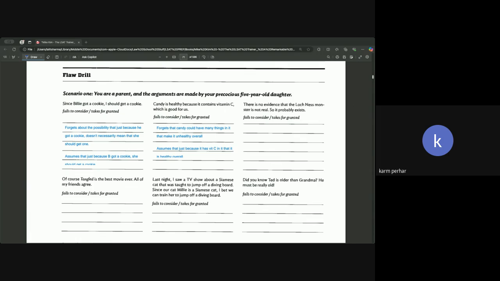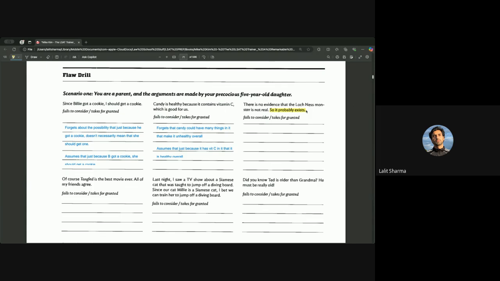There's no evidence, so it's basically saying that there is evidence, right? That's what it's concluding. Think about these in conclusion and premise terms as well. So what is the conclusion in this one? That the monster probably exists.